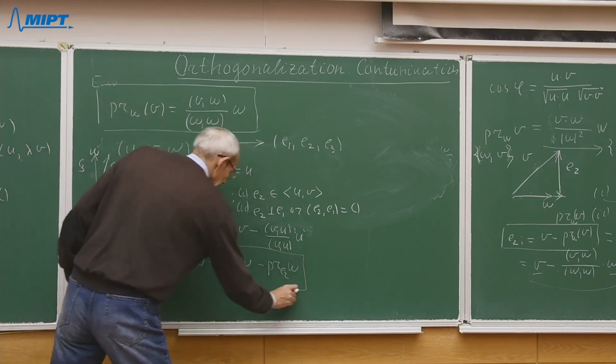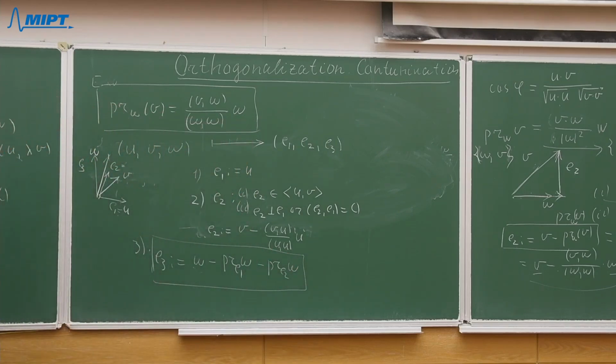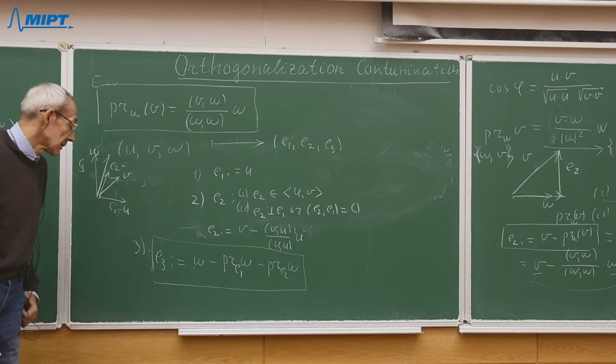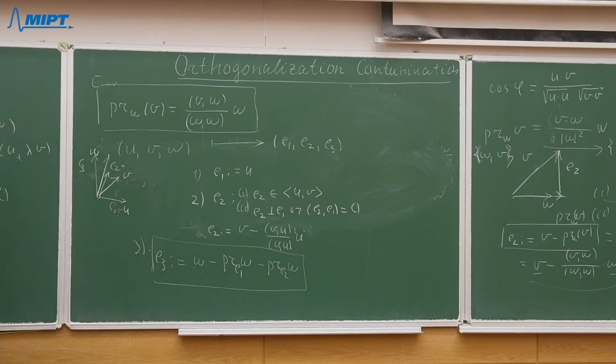The main idea of this construction is that the projection of a vector on the linear span of some vectors is equal to the sum of the projections on the vectors generating this linear span.